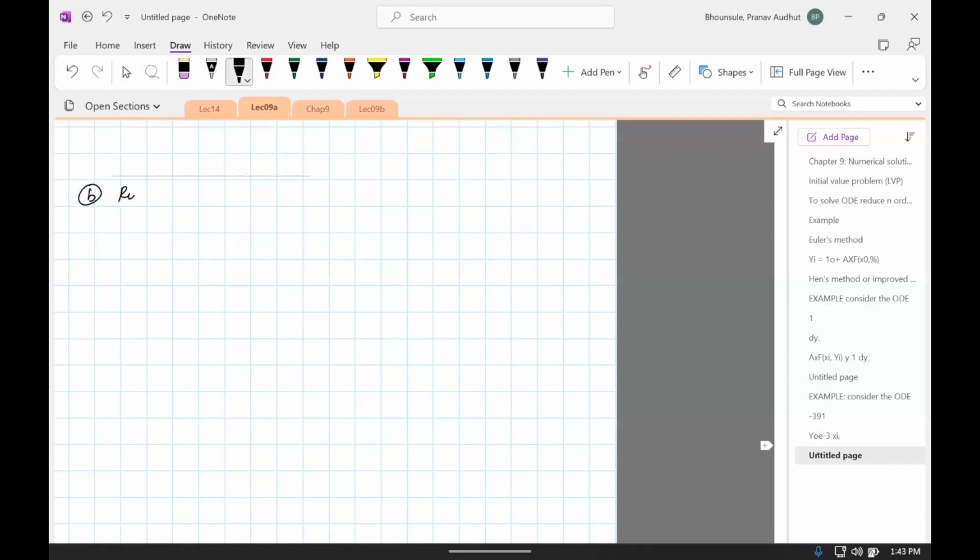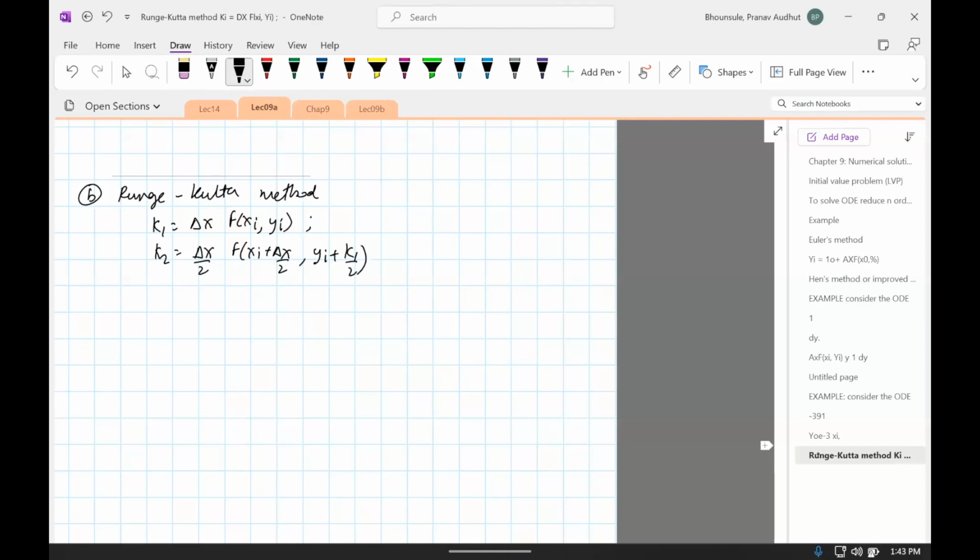So we have i plus 1, sorry, let me write the k's first. k1 is delta x f of xi, yi. k2 is delta x f of xi plus delta x divided by 2, yi plus k1 divided by 2. k3 is delta x f of xi plus delta x by 2, yi plus k2 divided by 2, and k4 is delta x f of xi plus delta x, yi plus k3.